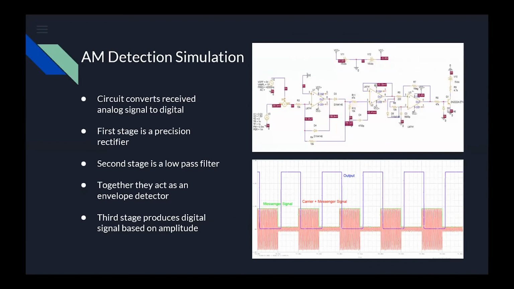Okay, what's a super diode? So that's the first op amp stage there, the LF741. What it does is it acts as an ideal diode without voltage drops. Since the voltage that we're using is very low, the voltage drop would be significant.